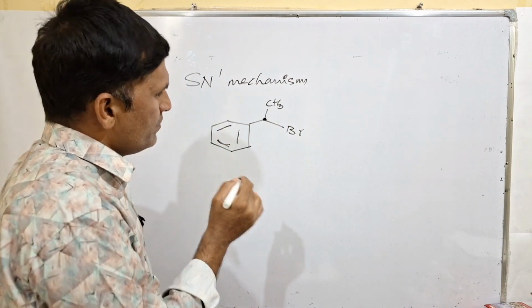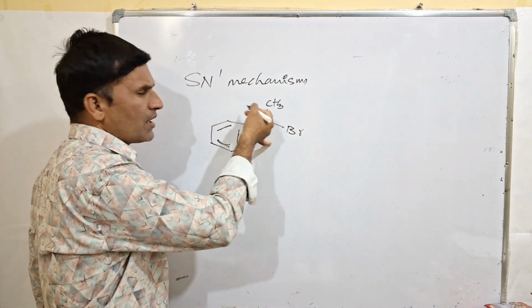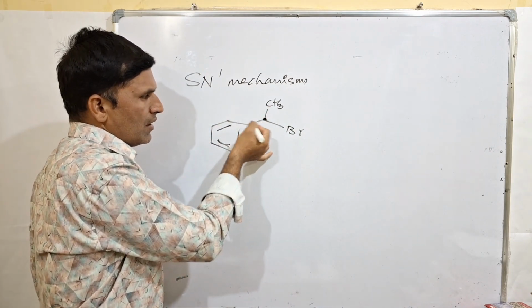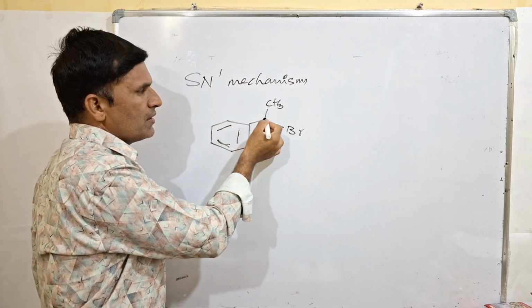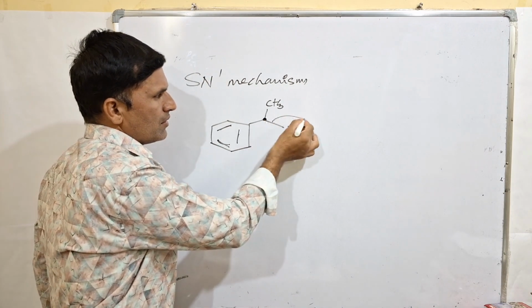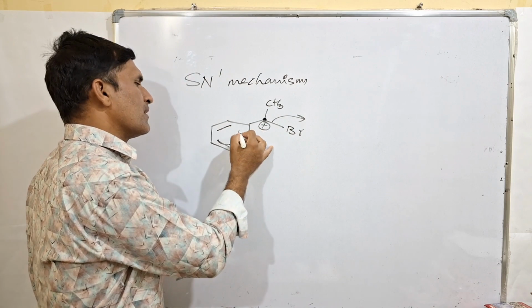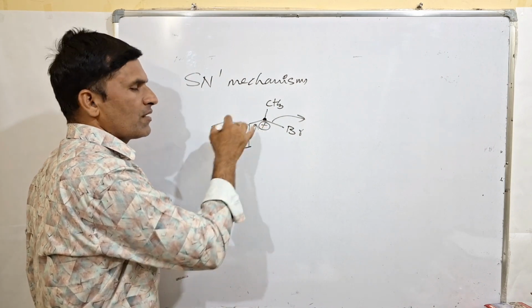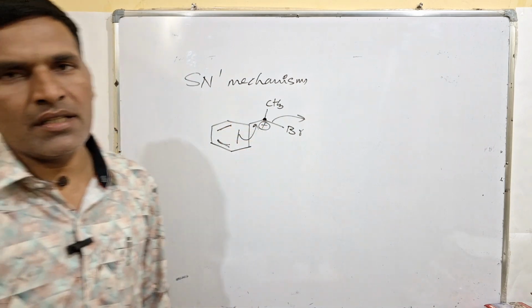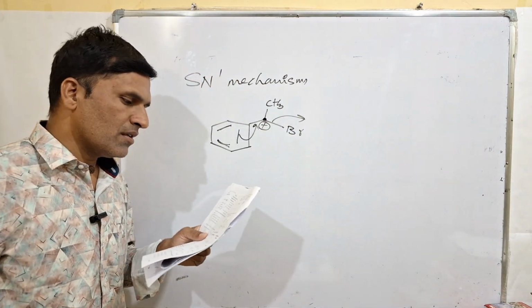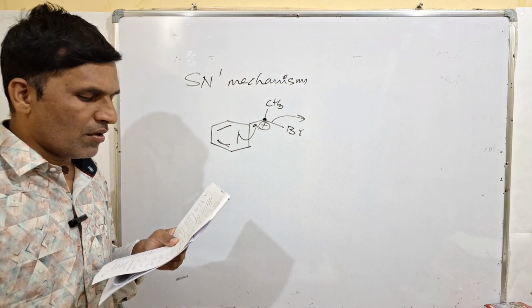So the carbocation formed after the departure of the halide group can be stabilized by the movement of the pi electrons present in the benzene ring. That is how it is going to stabilize. So therefore, your option is the second option.